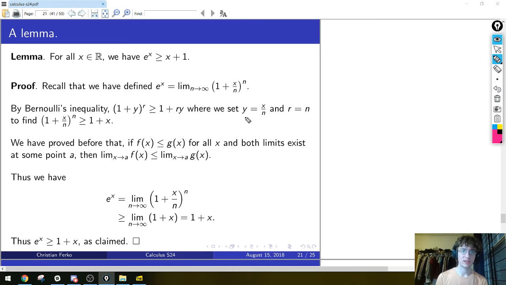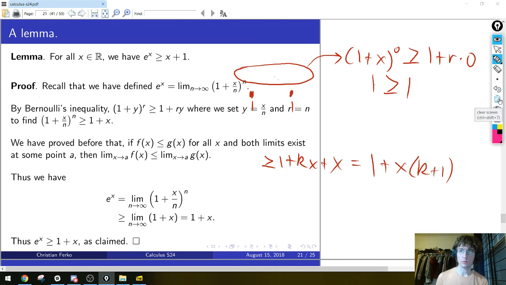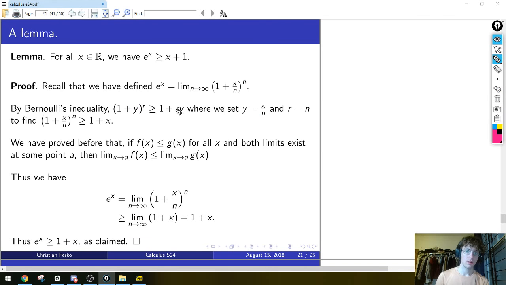Now I'm going to set y equals x over n, and I set r equals n, so I put that in both here and here. When I make that substitution, on this side I get r times y is x over n times n, which is x, because the n's cancel downstairs. And on the left side I get (1 plus x over n) to the n.